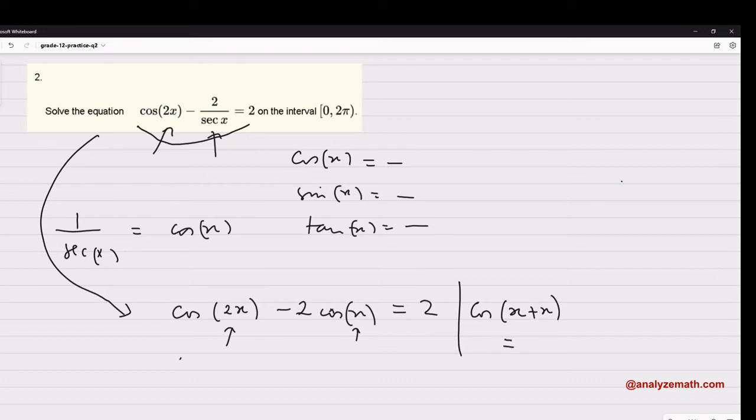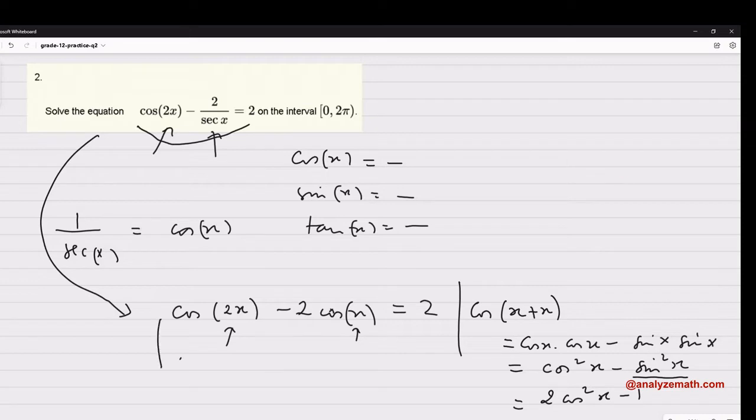I can apply the sum rule, which gives me cosine squared x minus sine squared x. And then I can change the sine squared into 1 minus cosine squared. So all this gives me 2 cosine squared x minus 1.